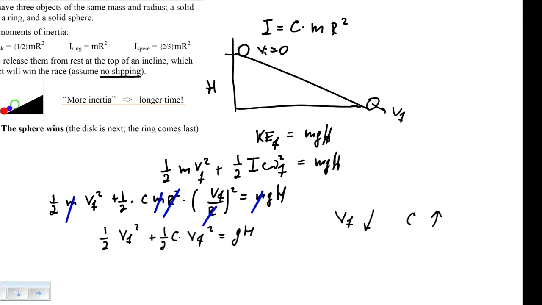If we solve it for final speed, it will be the slide with the exact solution. We will see, C, form factor, goes in the denominator. Final speed squared will be equal to 2gh divided by 1 plus that form factor. We increase form factor, we decrease final speed, and well, that is the distance traveled, L.